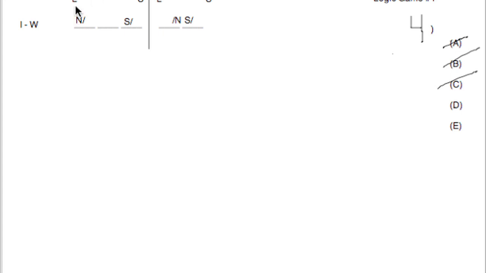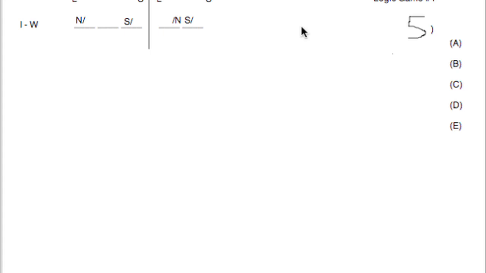If W was the first report in the first segment, N is forced to be the first report in the second segment right away. We've got to have I there as well in the second segment due to the I before W rule. So now we're not going to be able to have either S or W in the second segment, violating that rule. So for that reason, D is impossible and is our answer to number 4.